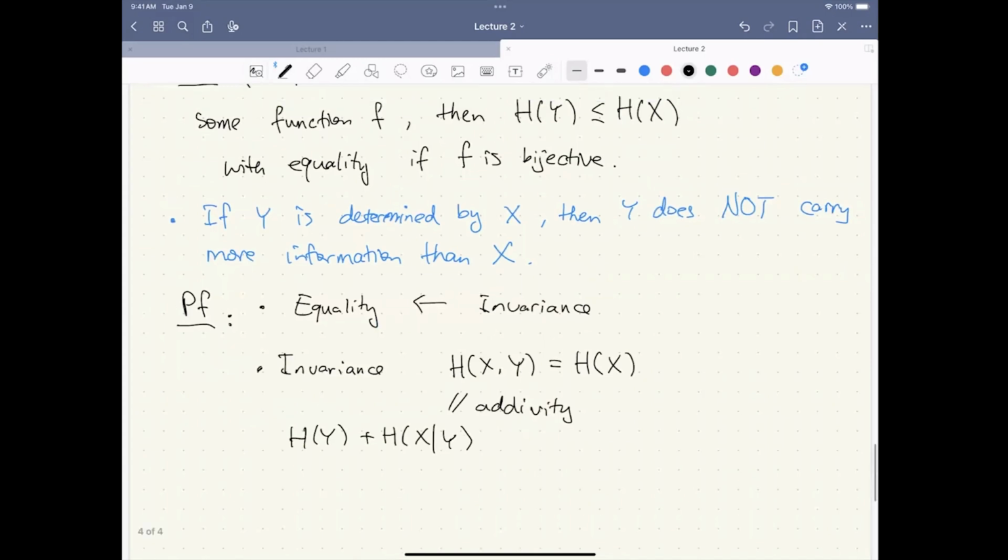Now we are done, because by non-negativity that we proved, the entropy of any random variable, in particular this conditional one also, is non-negative. So this is at least this guy.